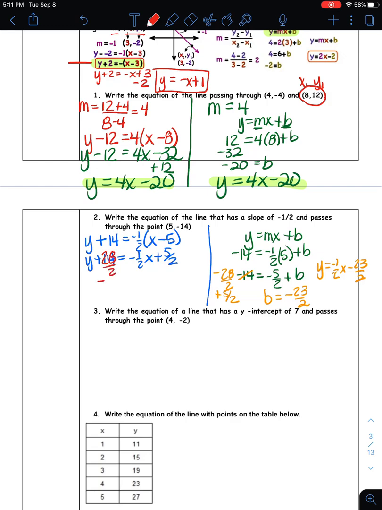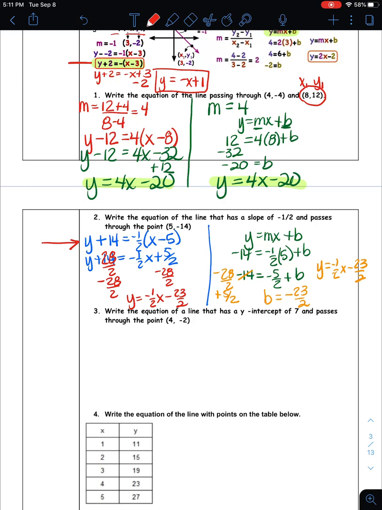So I'm going to subtract 28 over 2 from both sides, and I end up with y is equal to negative 1/2 x minus 23/2. Now, if I had asked you to leave it in point-slope form, you would have stopped right there: y plus 14 equals negative 1/2 times x minus 5.